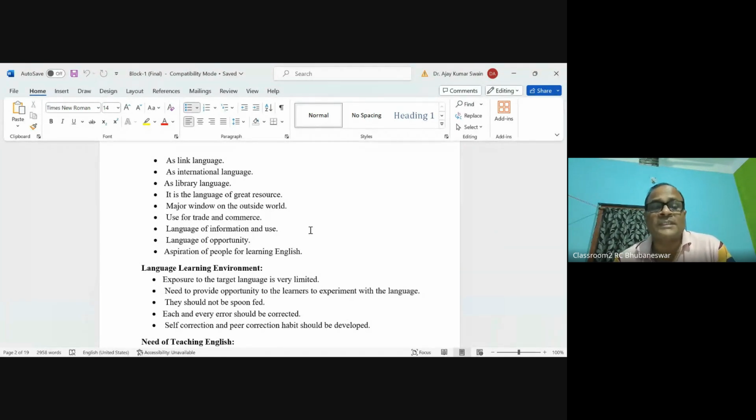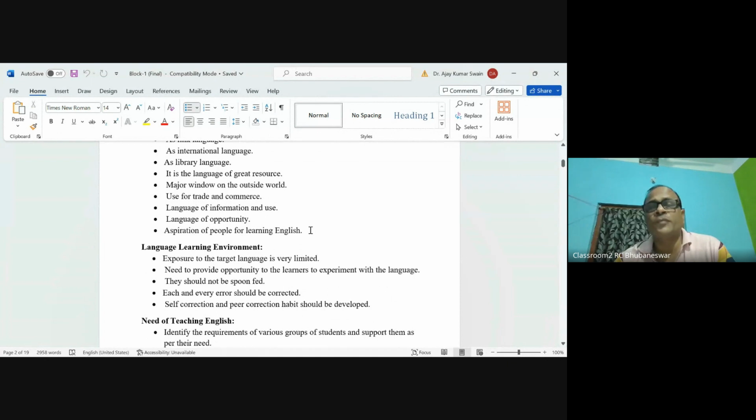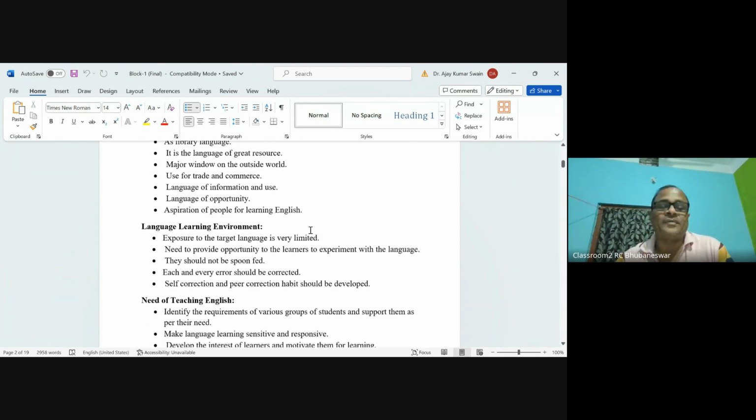It is a language of opportunity, and it is the aspiration of pupils to learn English. So most parents in the present context are also interested in giving English education to their children, because of employment, education, and their better development in life.